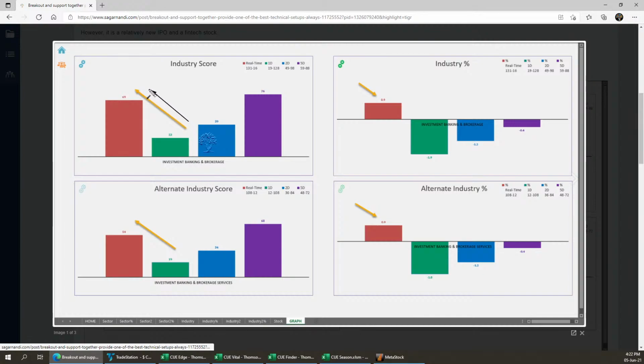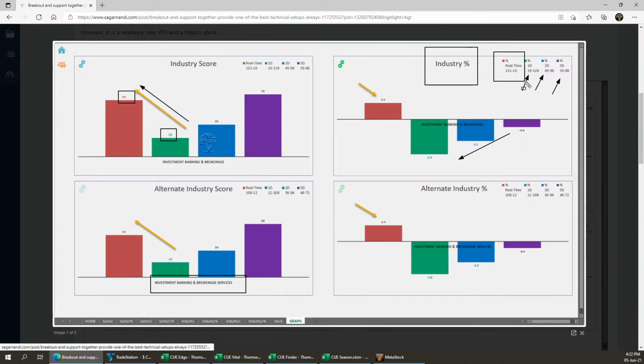Its industry, investment banking and brokerage, jumped in relative score. I just look at the magnitude, but if you wanted to read the numbers, it jumped from 23 to 69. The alternate industry also jumped in relative score, and the actual percentage move of the industry had been coming down negative over 5 days, 2 days, 1 day.